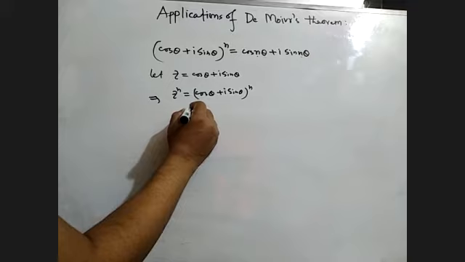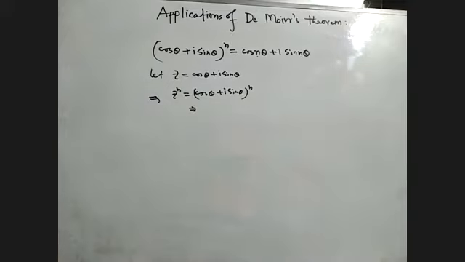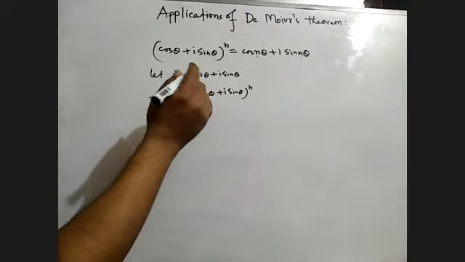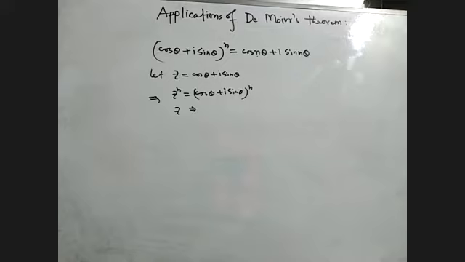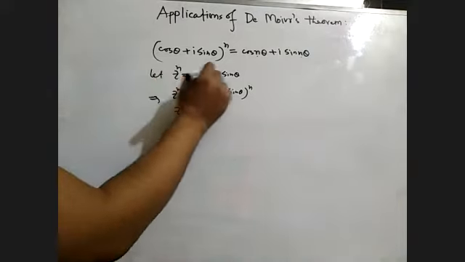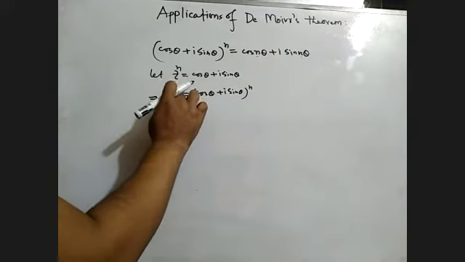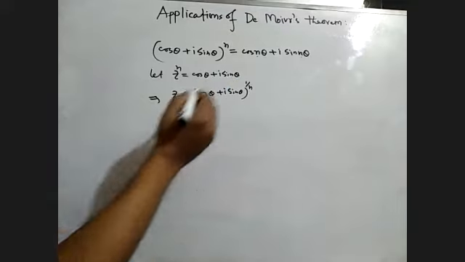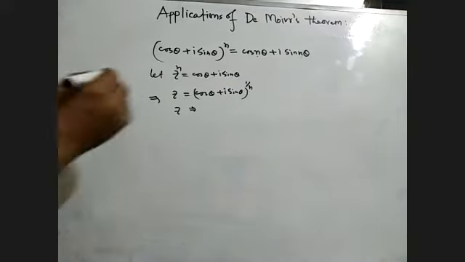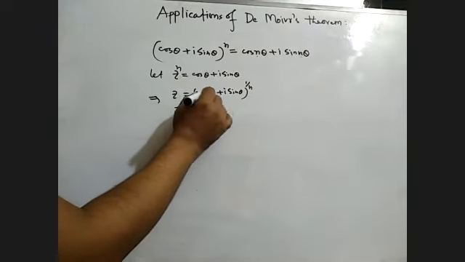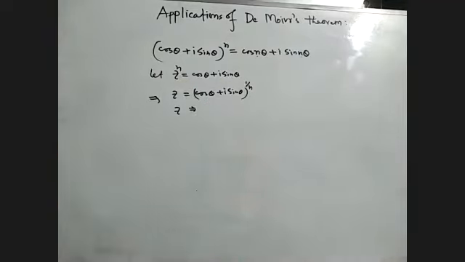If z to the power n equals cos theta + i sin theta, then z can be written as (cos theta + i sin theta) to the power 1 by n.